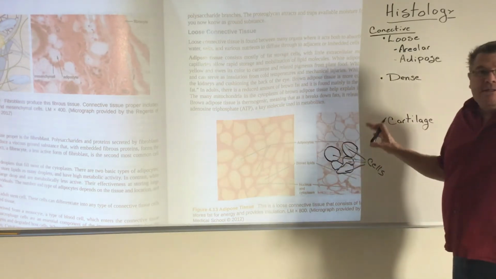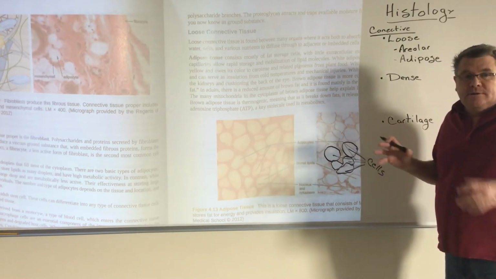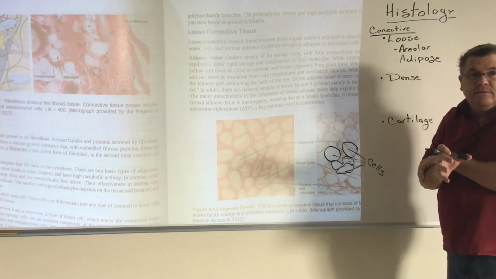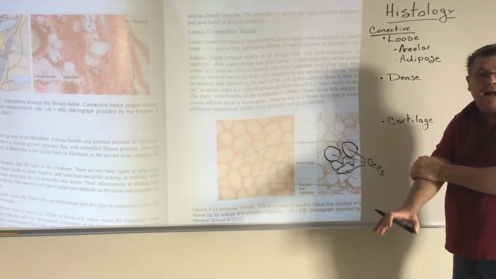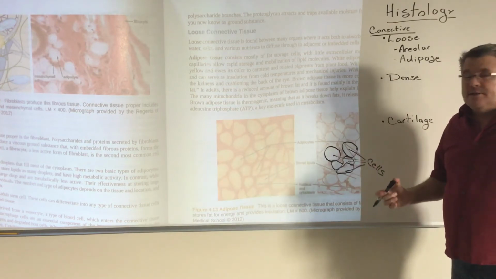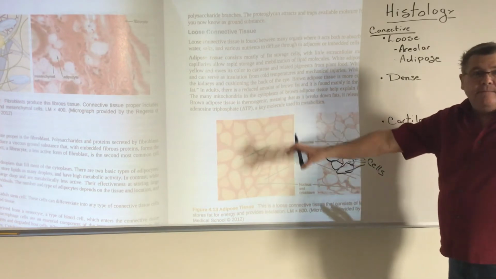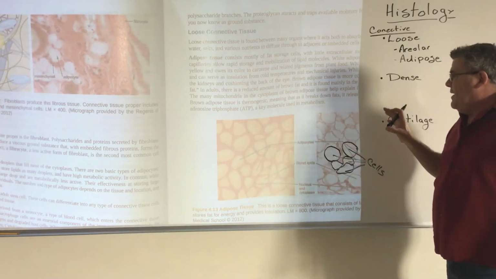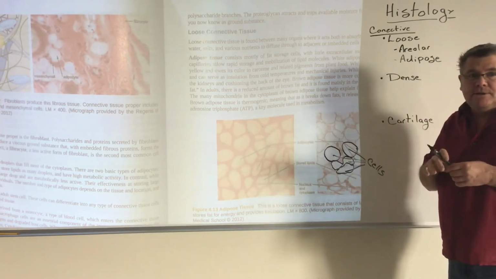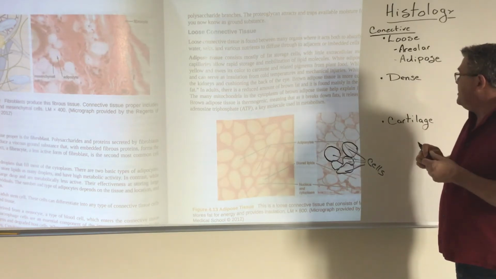But there's more than just that. It's more than just storage. You're also talking about insulation. The more fat you've got, the more you insulate the internal organs of your body. Also, cushioning. We find protection around internal organs with adipose tissue.